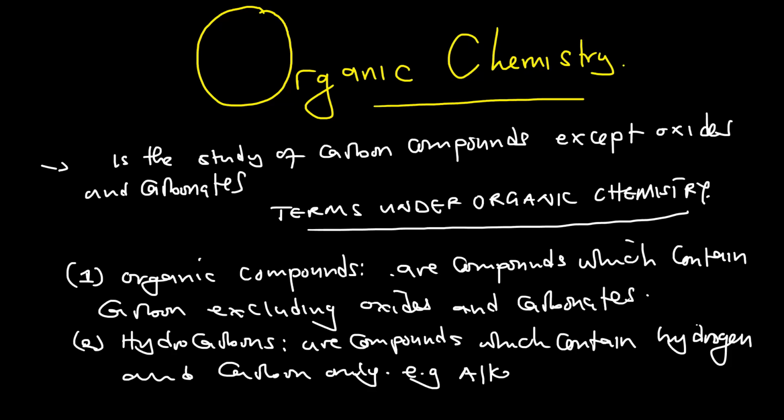The families that we are going to look at, we have the alkanes, then we have the alkenes, then we have the alkynes, although we are not going to focus on the alkynes, but only on alkenes and alkanes. These are examples of hydrocarbons. Another term, the third term in this case, is the homologous series.